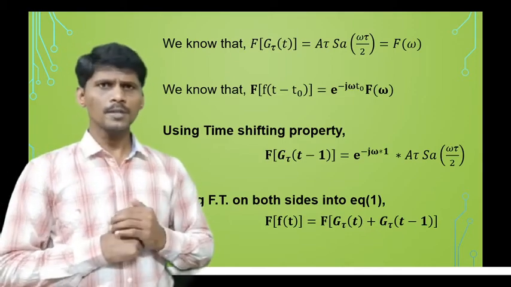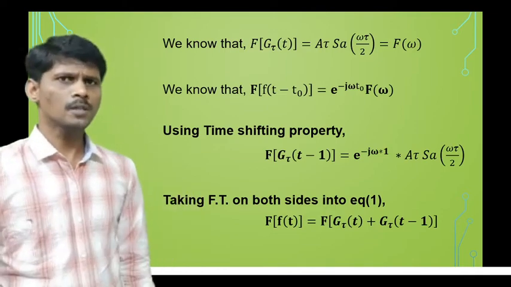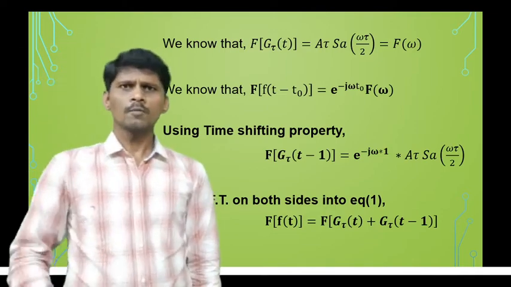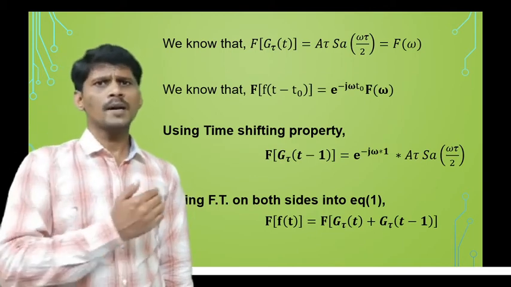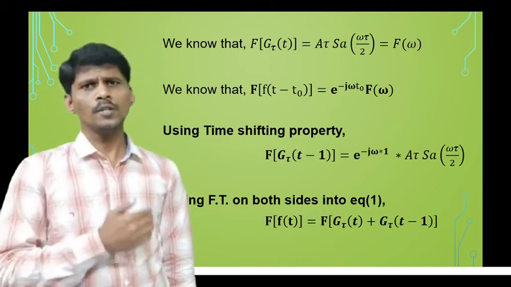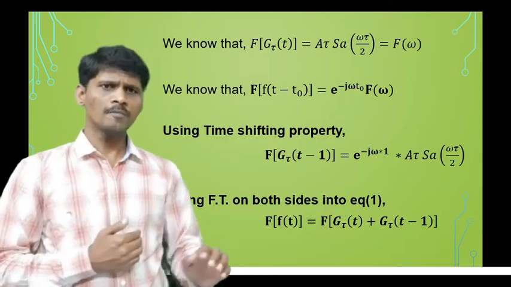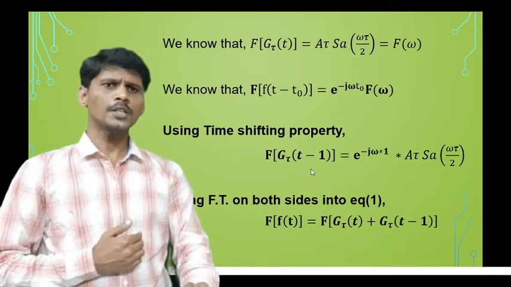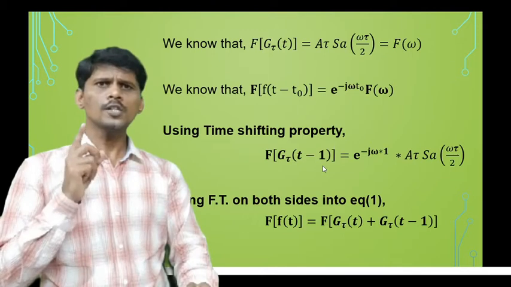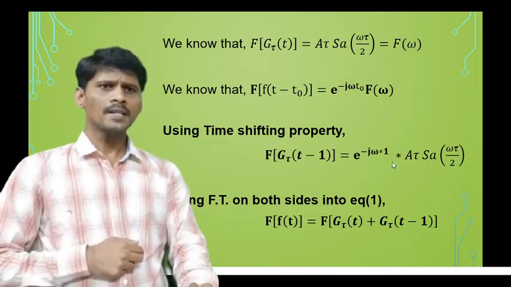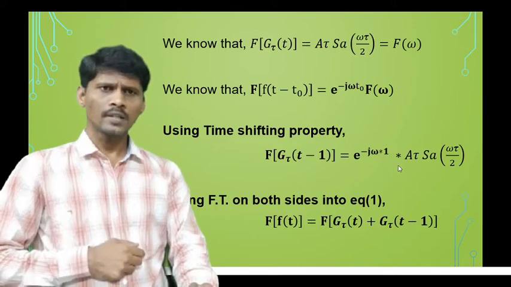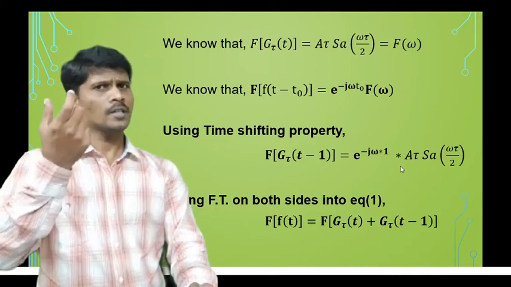Using the time shifting property. What is the time shifting property of the Fourier transform? The Fourier transform of f of t minus t naught is equal to e power minus j omega t naught into F of omega. Now here, the Fourier transform of g tau of t minus 1. What is the shifted amount? The shifted amount is 1 second. So e power minus j omega into 1 into the Fourier transform of the gate function.